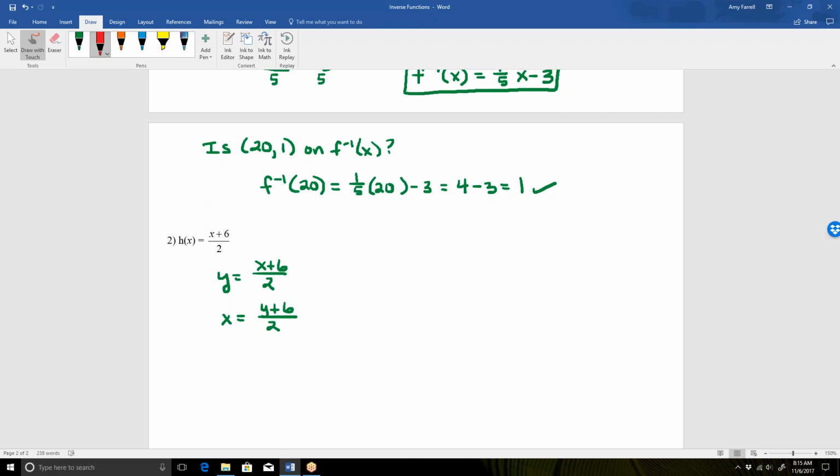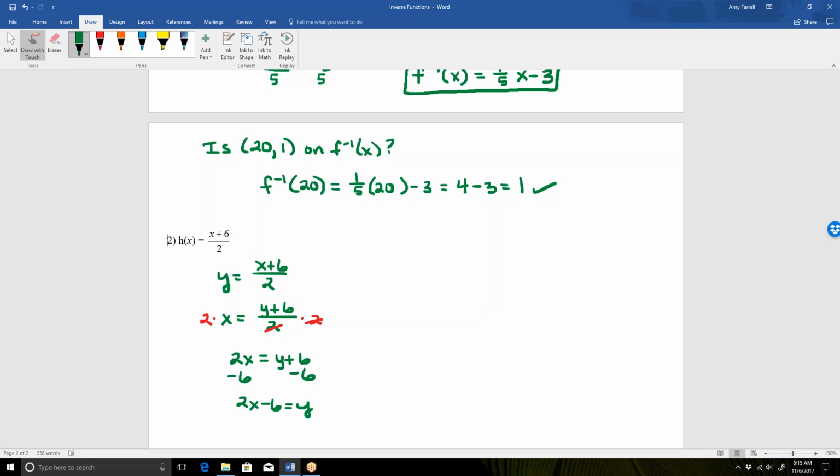To solve for y in its new position, let's first multiply both sides of the equation by 2. That will allow me to cross cancel there. So we have 2x is equal to y plus 6. I'll subtract 6 from both sides, and 2x minus 6 equals y.